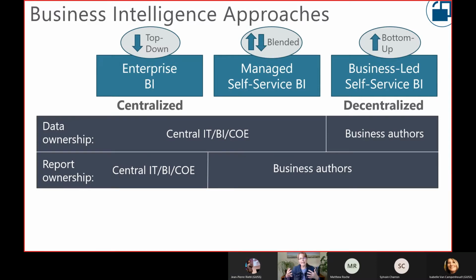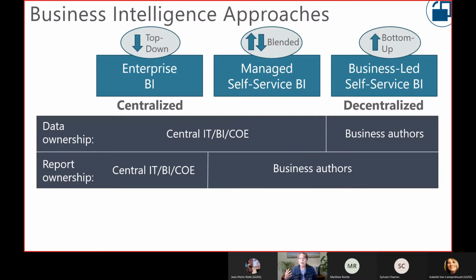And so the data ownership, if we take a look at this first row underneath here, depends on who is managing this content. In this regard, we're usually talking about centralized people, whereas in a decentralized model, your business authors are going to take responsibility for everything, the data and the reports.